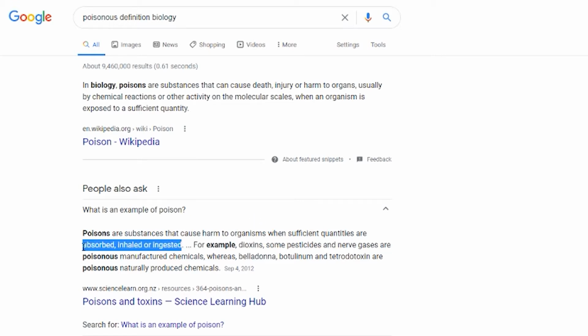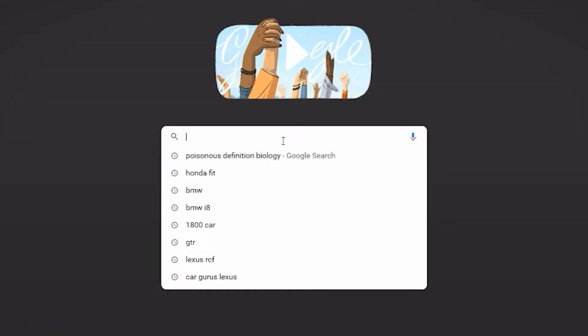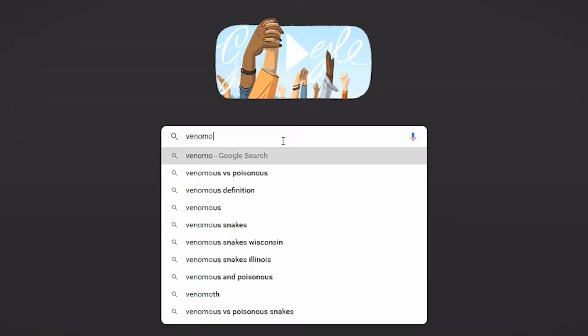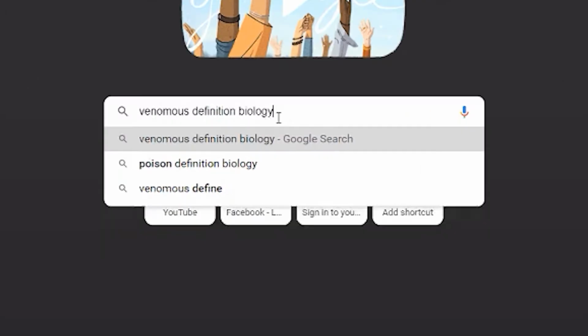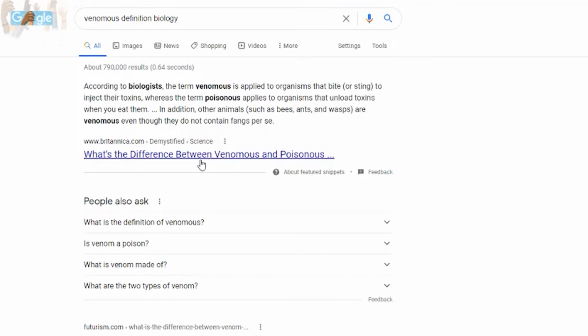But we're going to use this definition here because it seems to be the most accurate: whether ingested, inhaled, or absorbed through the skin. Now I'm going to check out venoms in biology and what makes venoms different than poisons. We're going to use this definition here. Venoms are distinguished from poisons in that, unlike ingested poisons, venom is delivered in a bite, sting, or similar action.